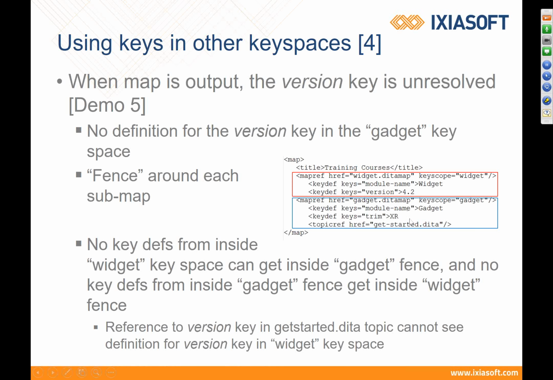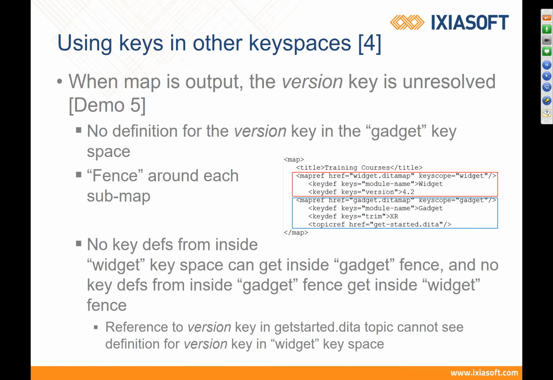The topic is inside of this key space, and that's where it's going to look first. But say ignore the one that you find in your own key space and go up here to the widget key space and use the module name key in there. Is that clear?